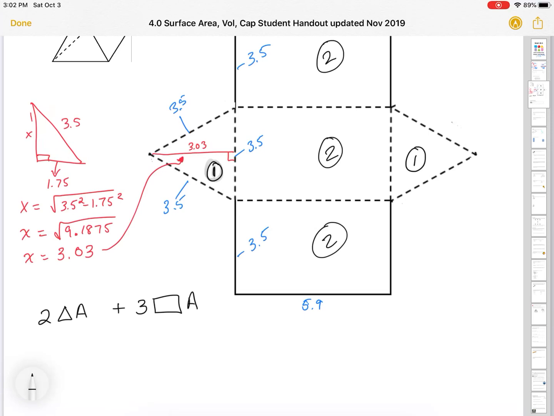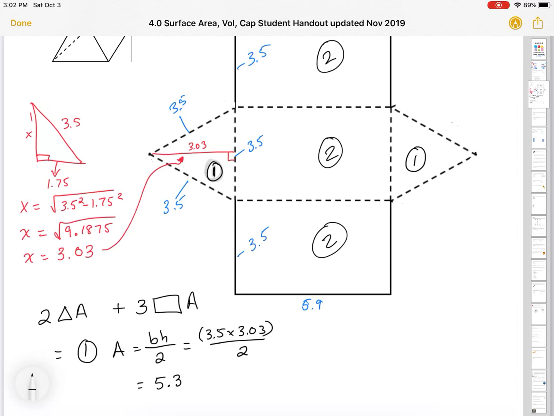Okay, so let's figure this out. My area of my triangle, so finding 1, area is base times height over 2, which is 3.5 times 3.03 divided by 2. So it's equal to 5.3.